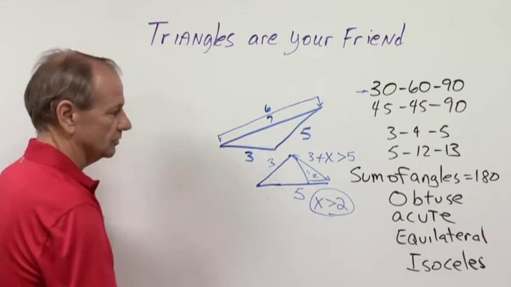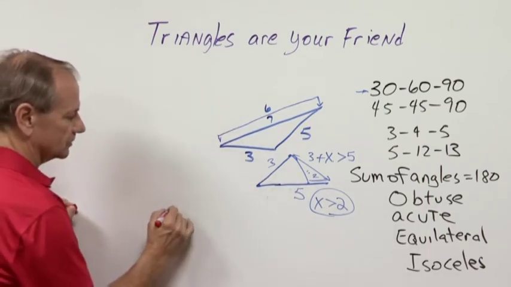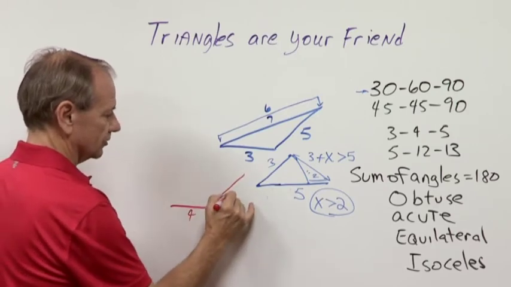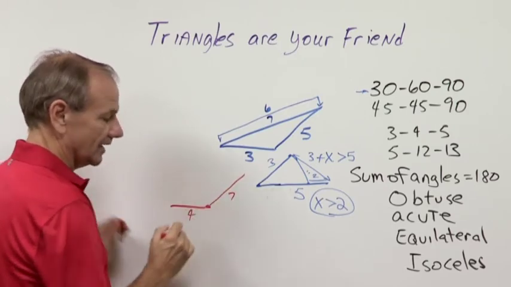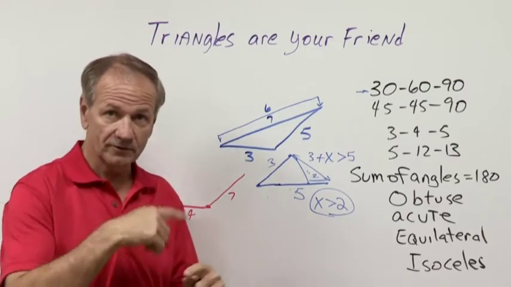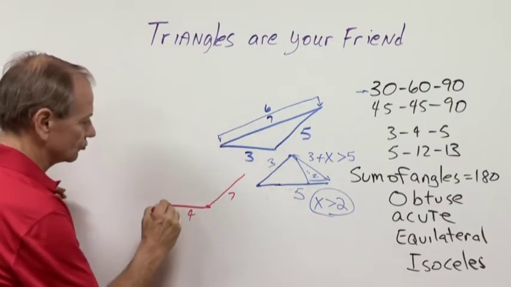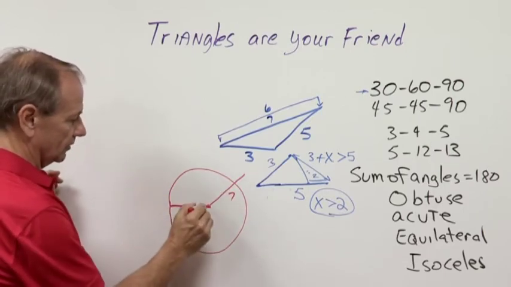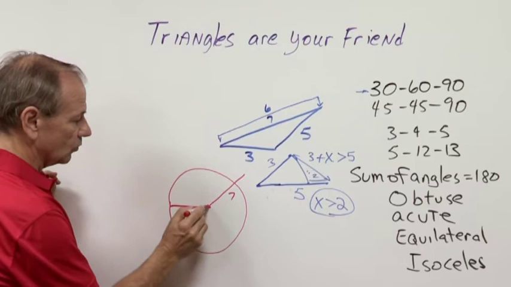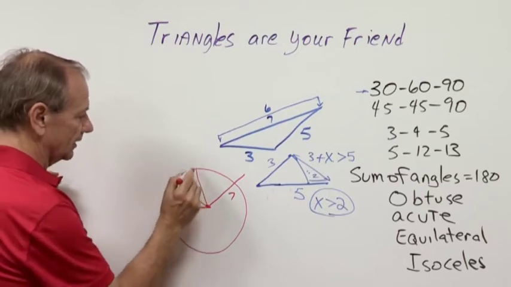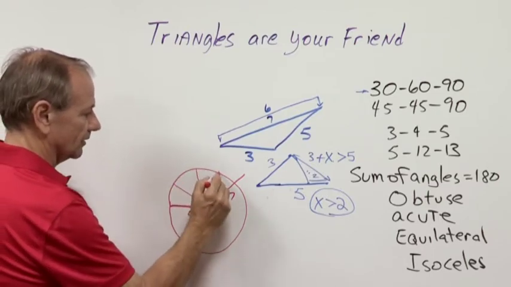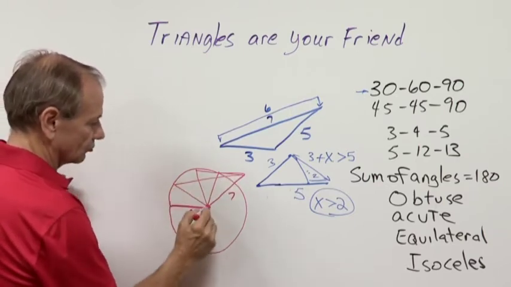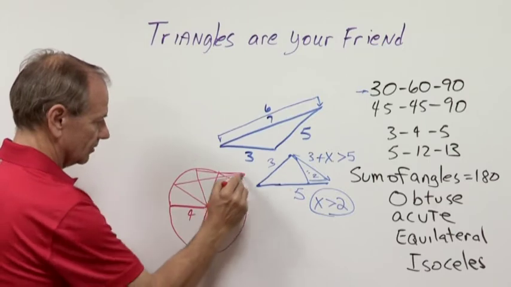Another easy way to look at your triangle construction is, let's say this one was a 4, and this was going to be a 7. If I look at that as a hinge, sort of a pivot point, and I swing the side that's 4 all the way around, anywhere along this line, it would be able to make a triangle. I can make a triangle from here to here, over here, if I go down here, back up to here.